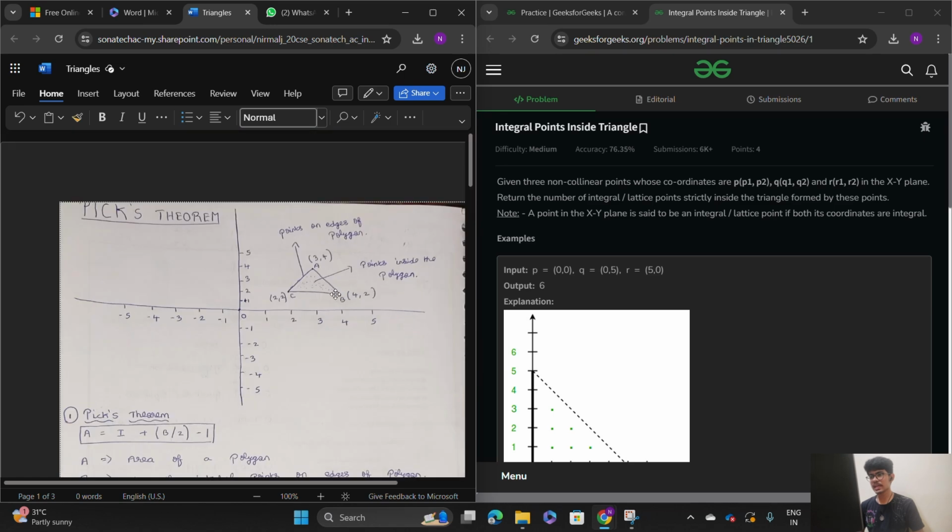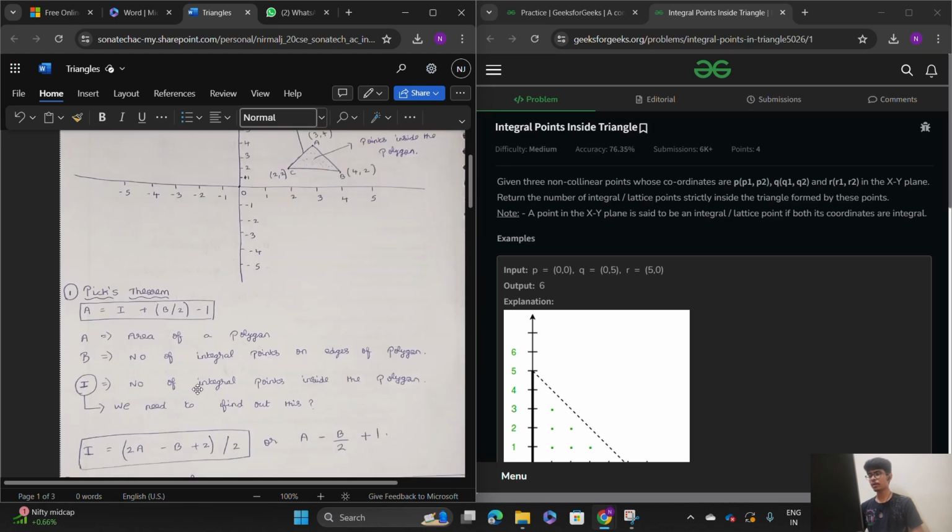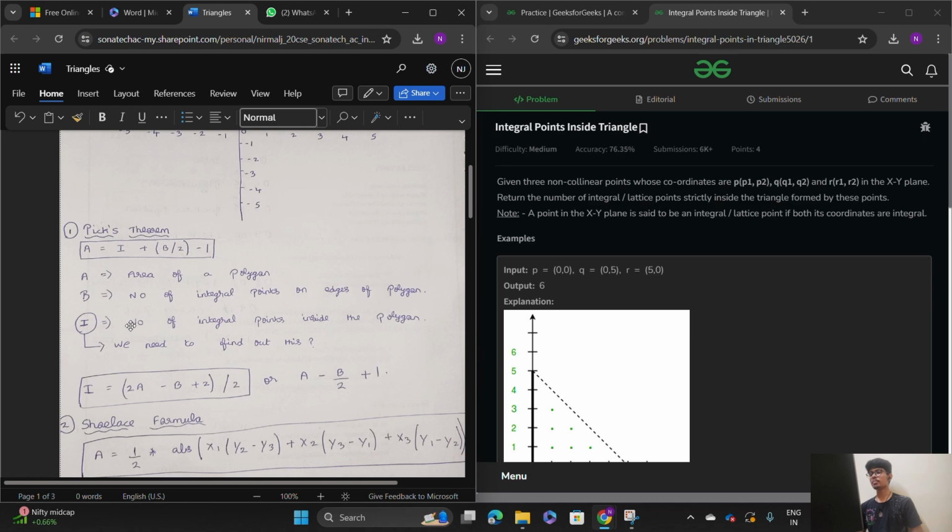You can see A, B, and C are the edges of the formed triangle, and we are also going to find the integral points formed on those edges. I is equal to the number of integral points inside the polygon. This is what we are going to find out, and it is what we return in our program, since they said to return the number of integral points.